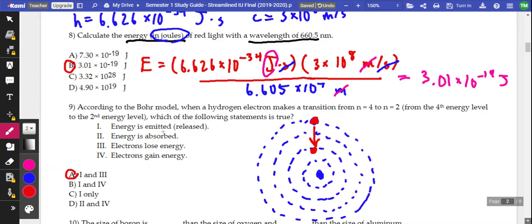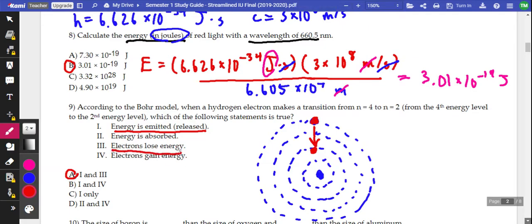So energy should be emitted, which means released. Energy would be absorbed if we're moving our electron out farther from the nucleus where it's less comfortable. If the electron is obeying Coulomb's law of attraction and moving closer to something positively charged, then it's going to be more stable, lower in energy. So our electrons lose energy as they release energy.